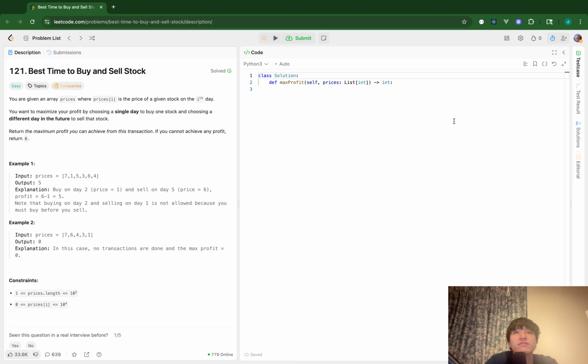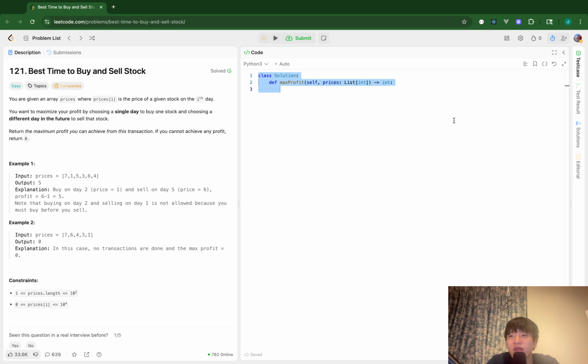Okay, and I will calculate the gap, and that's the benefit. So I try to maximize that gap, which is the profit. So I will return the maximum profit. Okay. And if I cannot make any profit, I will return zero.